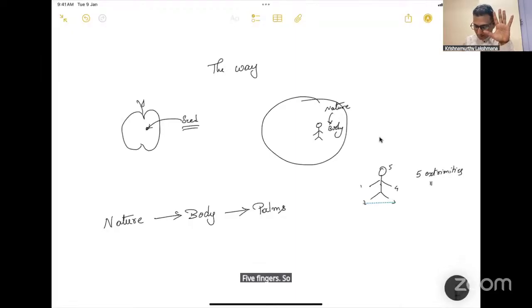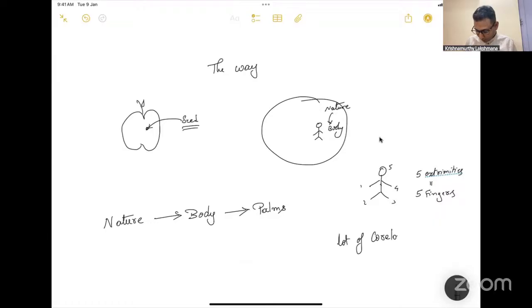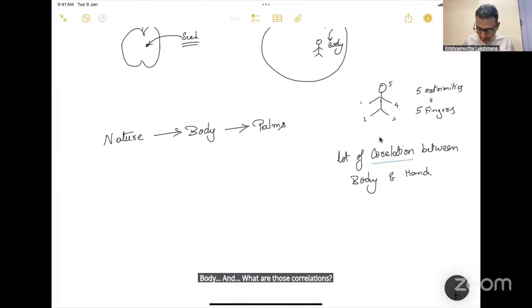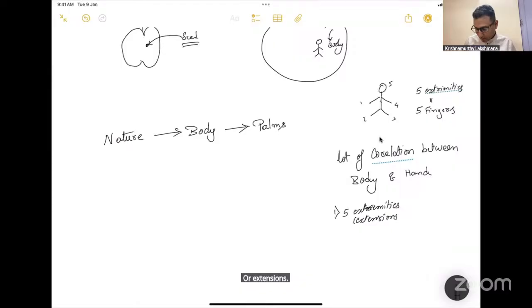So there are 5 extremities and the palm in the hand has 5 fingers. There is a lot of correlation between the body and the hand. What are those correlations? First one is 5 extremities, or extensions, and 5 fingers.